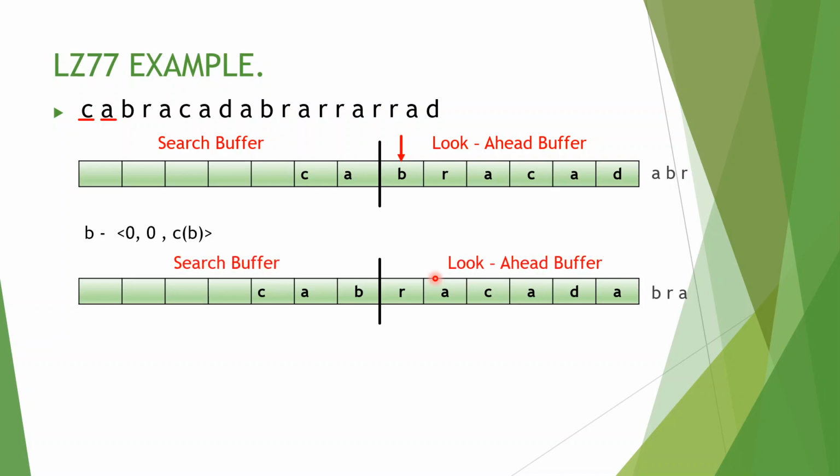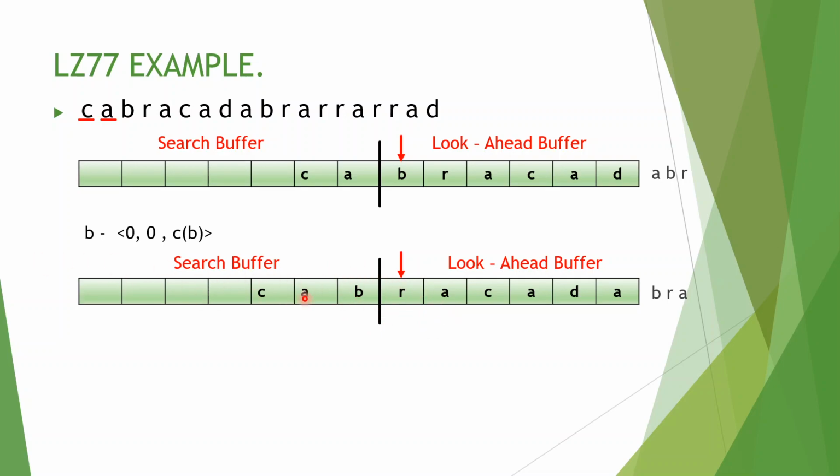This is the lookup buffer and this is the search buffer. Now we move that symbol B into the search buffer and add the new symbol in the lookup buffer here. Now point out the first symbol of the lookahead buffer and search that R in the search buffer. Here R is also not found in the search buffer.